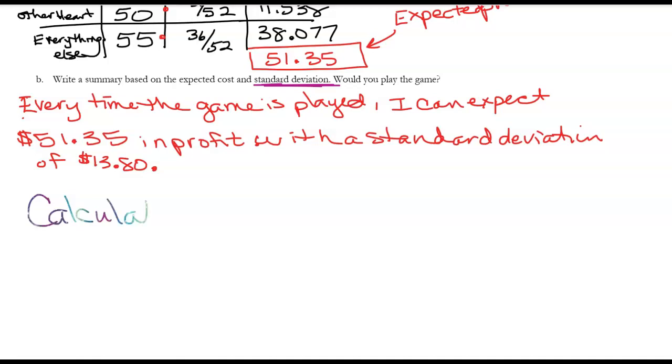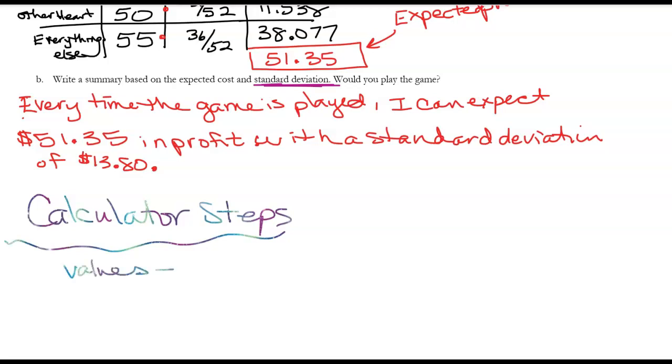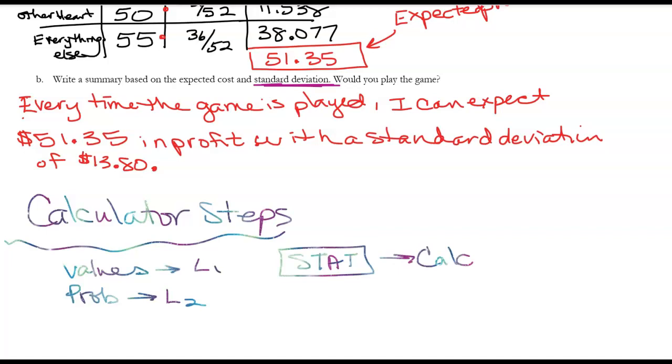So calculator steps. Okay, so you put your values in L1. You put your probabilities in L2. You go stat, and I'm going to put a box around it to tell you that that's the key. You go to calc, and you choose number 1.